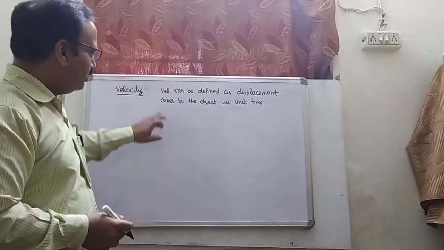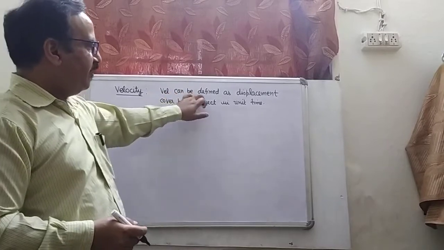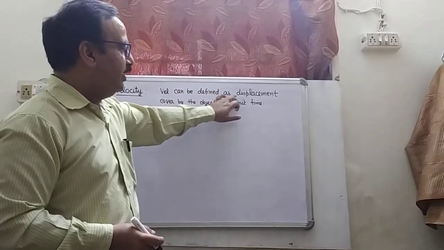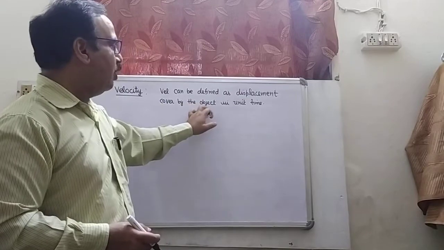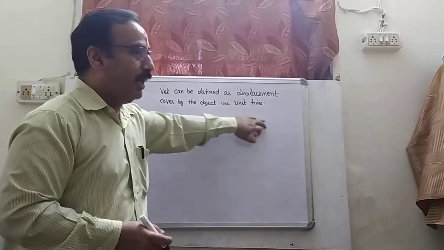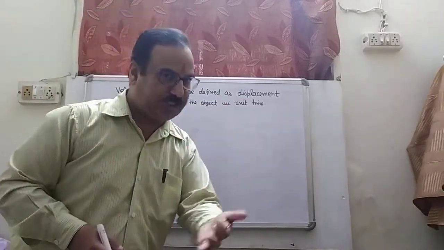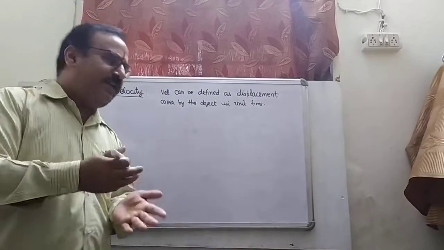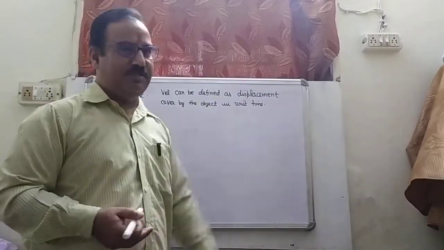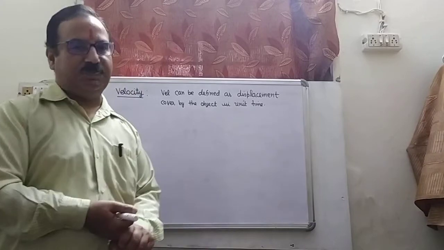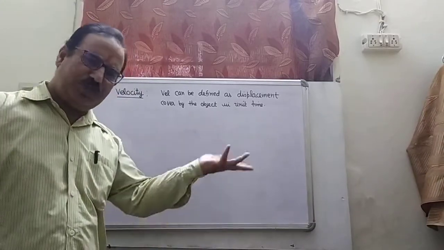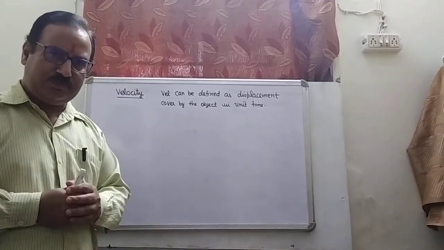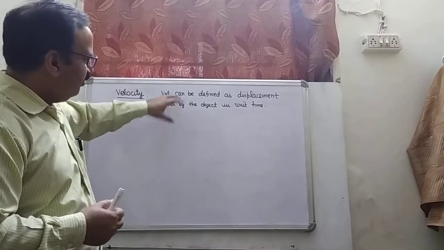Several books also say that velocity can be defined as the distance covered by the object in unit time in a specific direction. They add direction with distance so that it becomes displacement. Both are correct. You may choose any one of them. There's no problem. Now the question arises, how can we find the velocity?